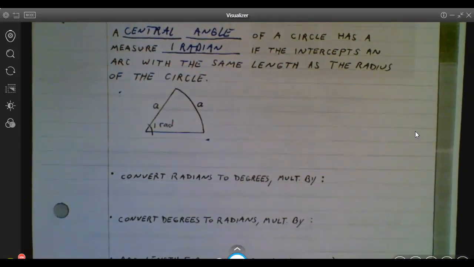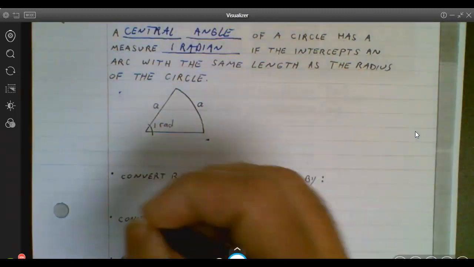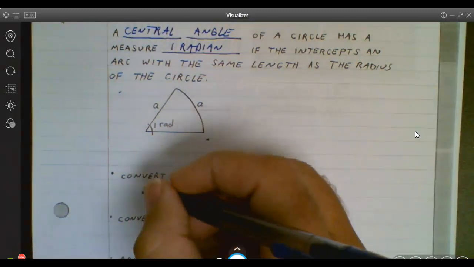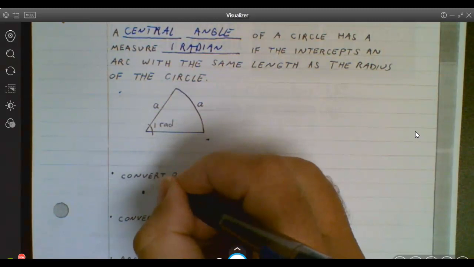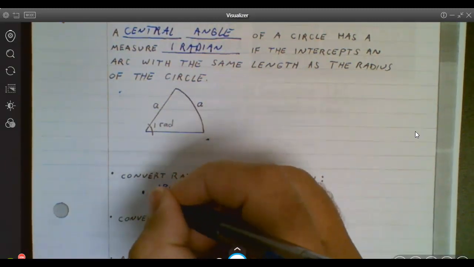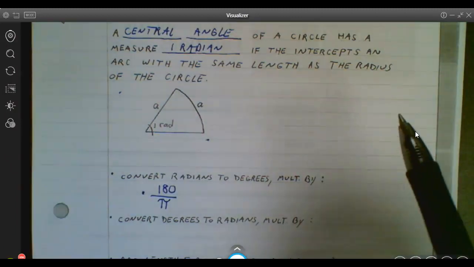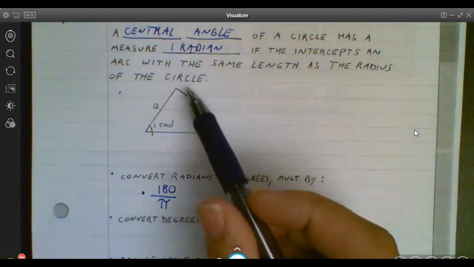So we do have a conversion ratio if you want to switch back and forth from radians to degrees and vice versa. If we are going from radians to degrees, we simply multiply by 180 over pi. And just remember, all that comes back to is we're talking about the length of a circle, right?